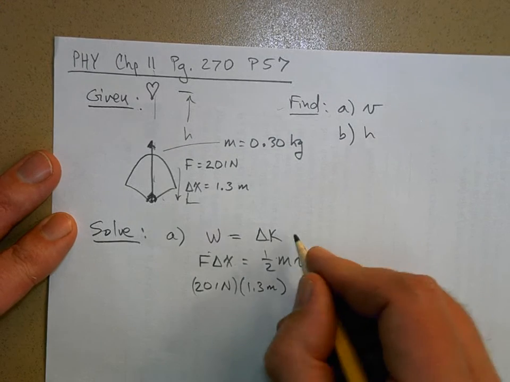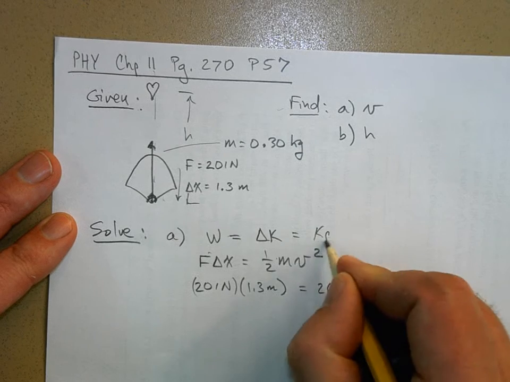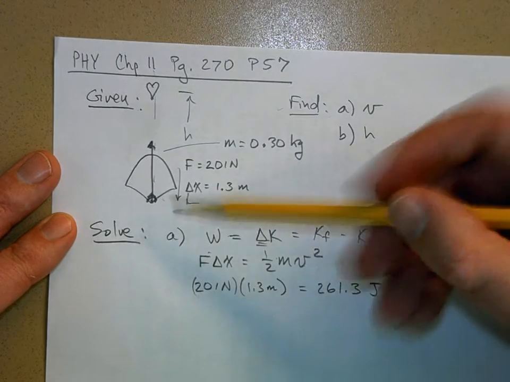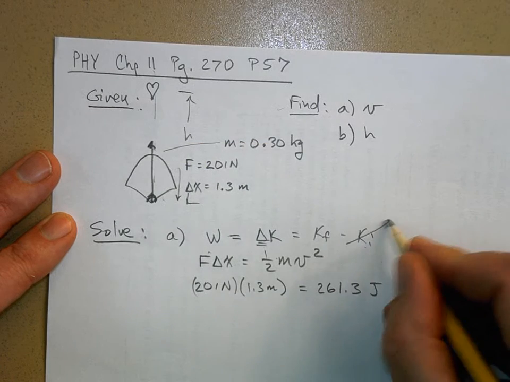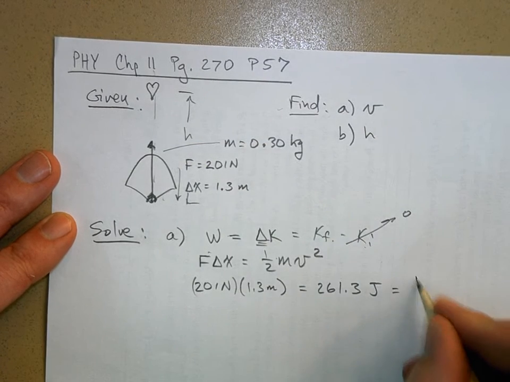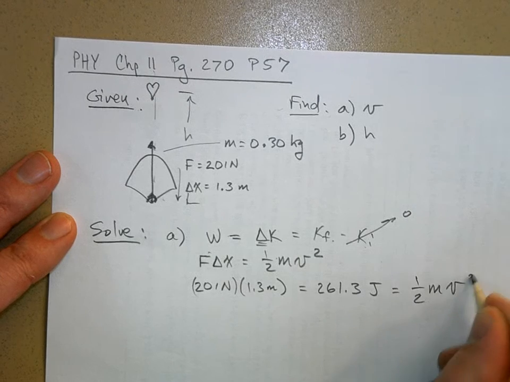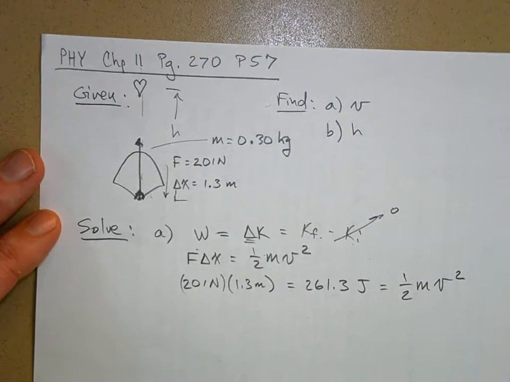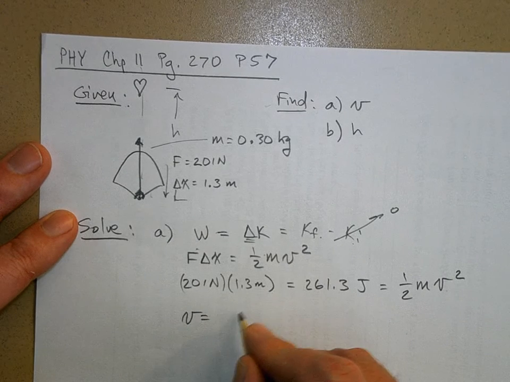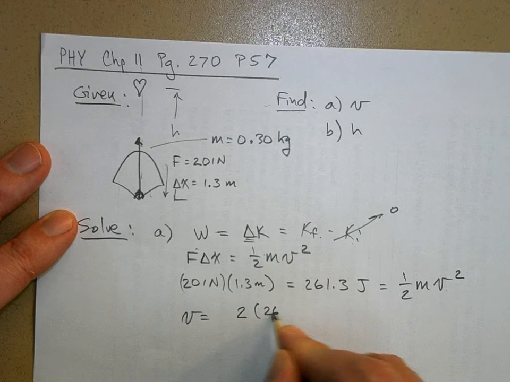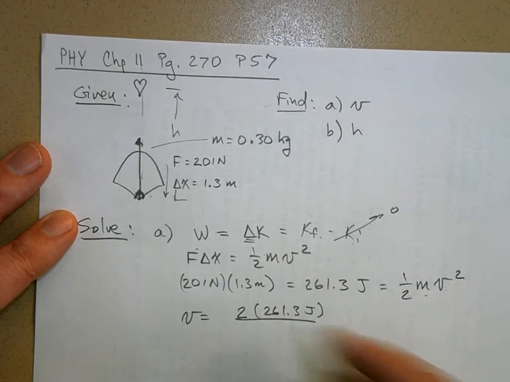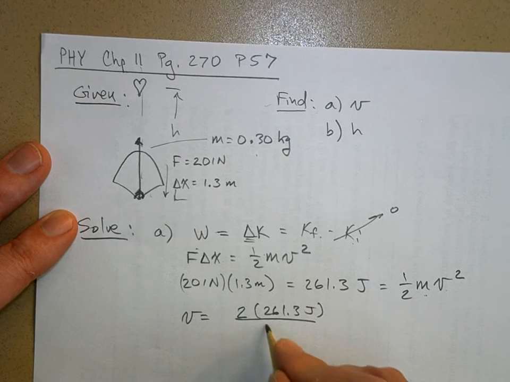And delta K, this is K final minus K initial, right? Anytime you have a delta. But the K initial, well, the arrow initially wasn't moving. So it had no kinetic energy. So its final kinetic energy is equal to 1/2 the mass of the arrow times its speed squared. So now I can solve for v. v equals the square root of 2 times 261.3 joules divided by the mass, which is 0.3 kilograms.